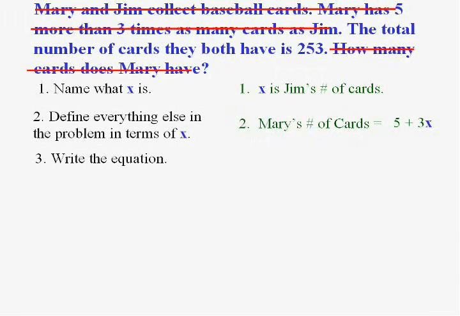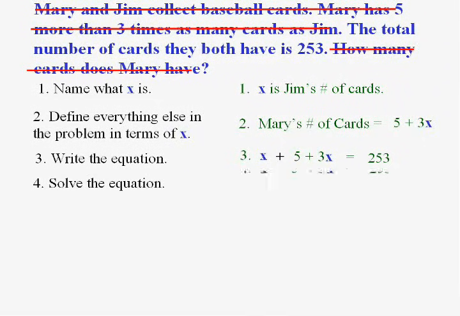The total number of cards they both have, Jim's cards plus Mary's cards, is 253. Please note from this example, if you have trouble in step 2, move back to step 1 and redefine x. Okay? Now, let's solve this bad boy.